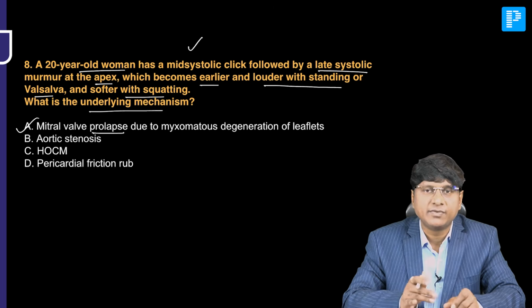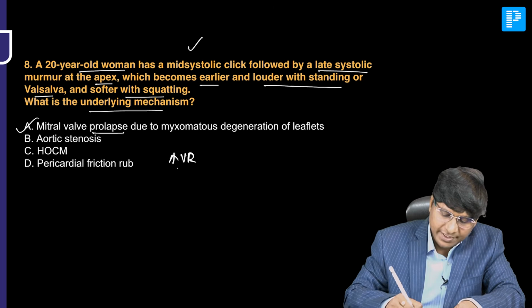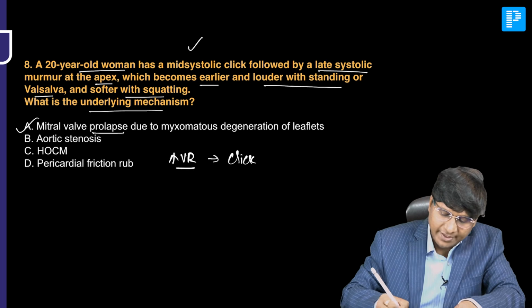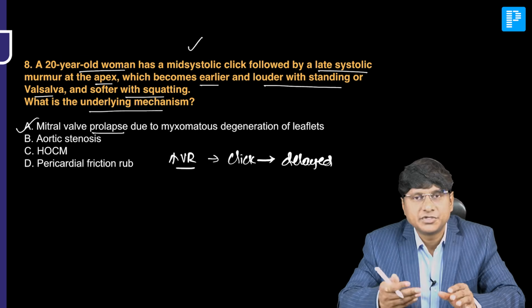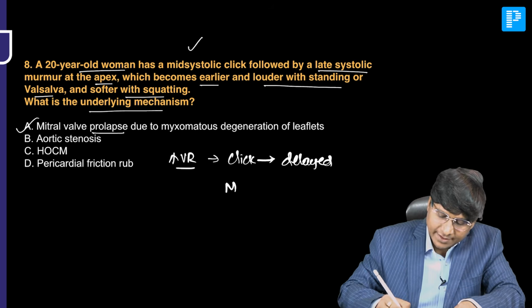In mitral valve prolapse syndrome, in dynamic auscultation, with any maneuver which will increase the venous return, what happens to the click? The click will be delayed, and the murmur will be shortened.